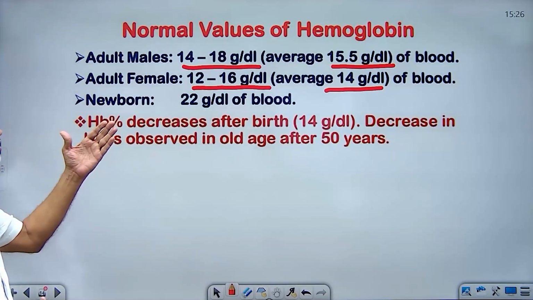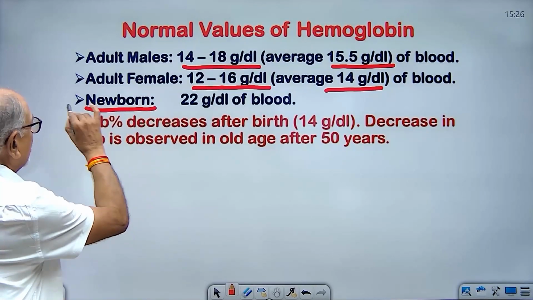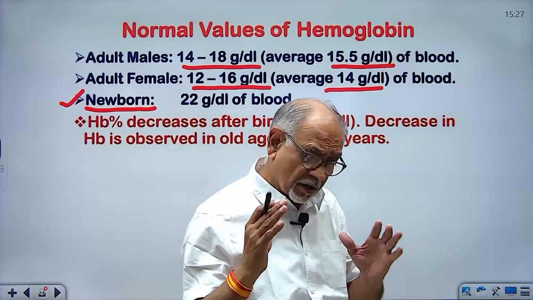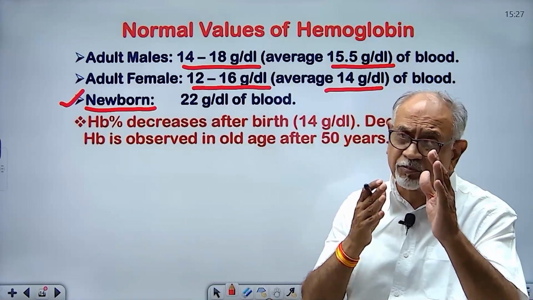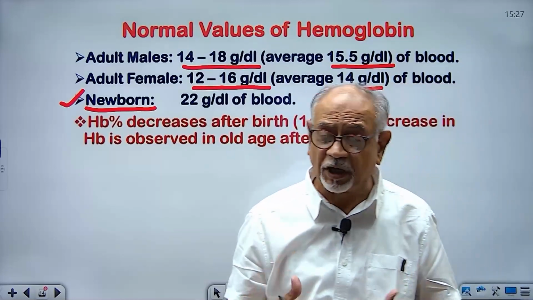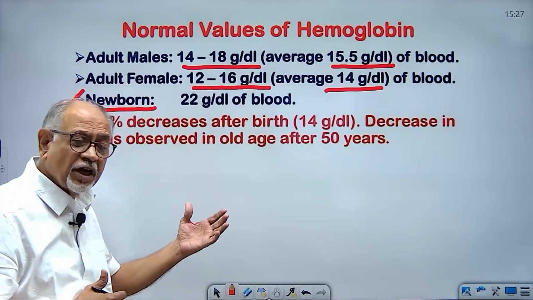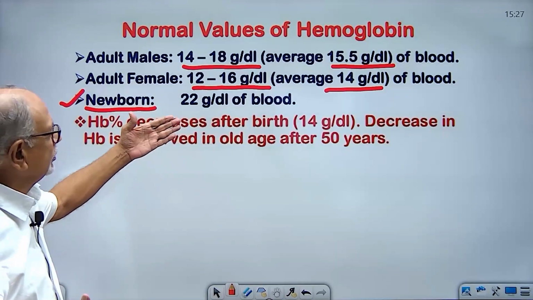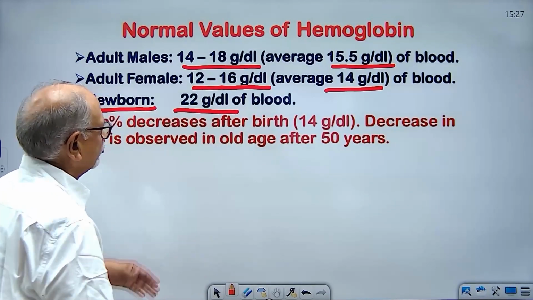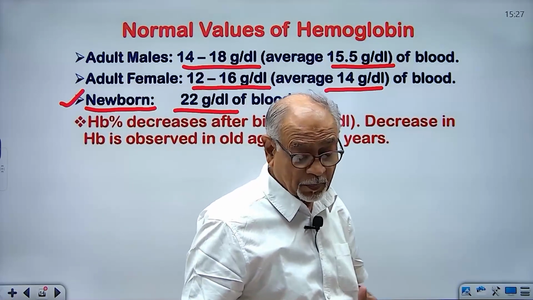Hemoglobin percentage in the newborn is higher. As you know, the number of RBCs is directly proportional to the amount of hemoglobin present in the blood. So, in the newborn, the RBC count is very high and therefore the hemoglobin percentage is also higher, about 22 gram per 100 ml.